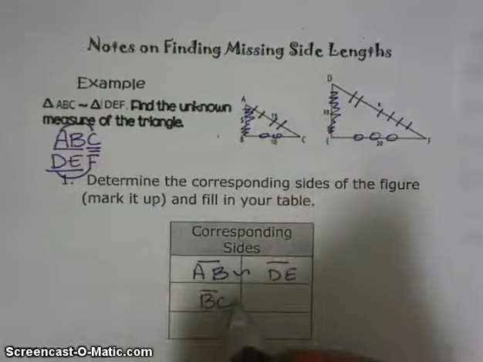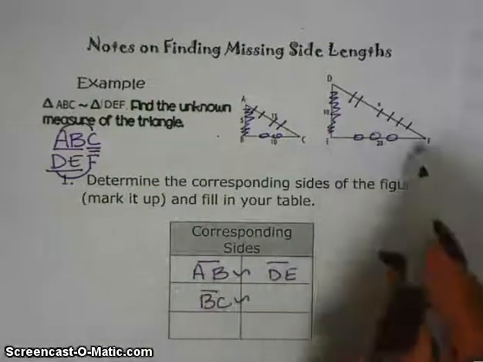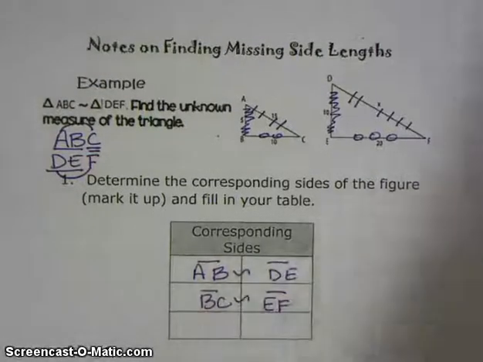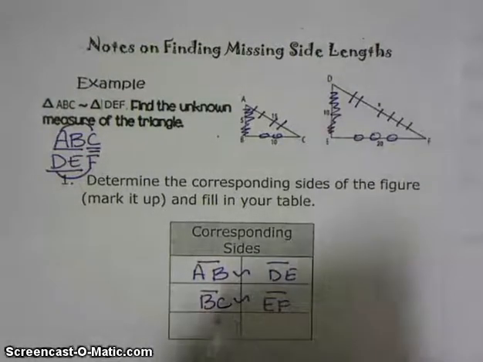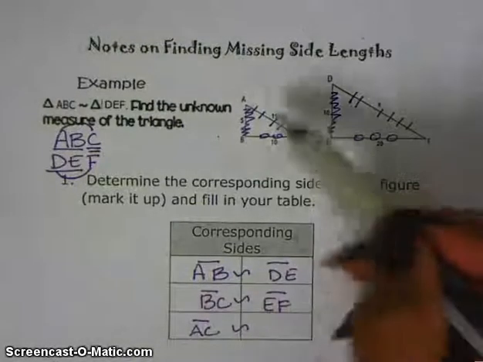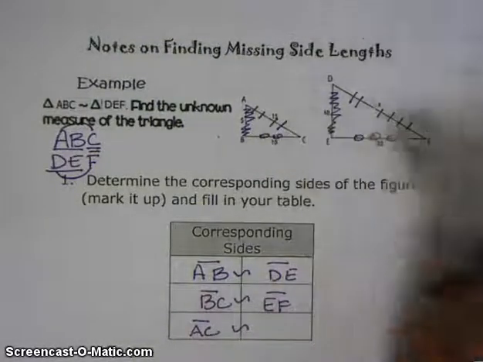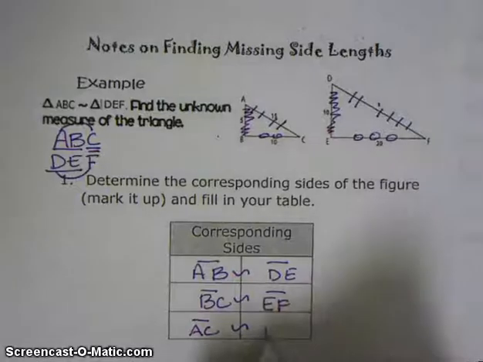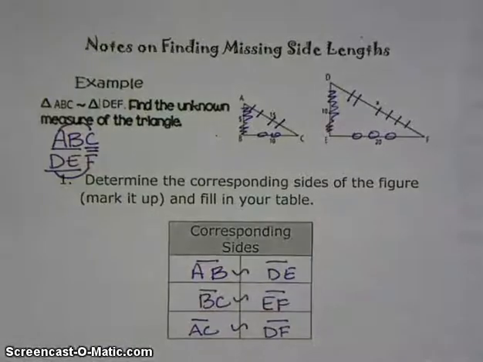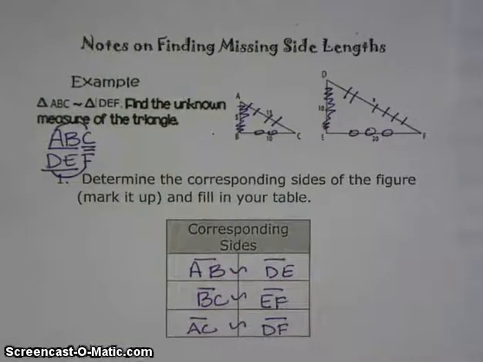Line segment BC is similar to EF, my other circles. And then my final one is line segment AC, which is the stitching, is similar to DF. These are my corresponding sides. Okay, and know that you can pause the video at any time to write or catch up.